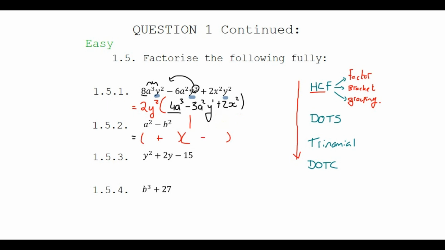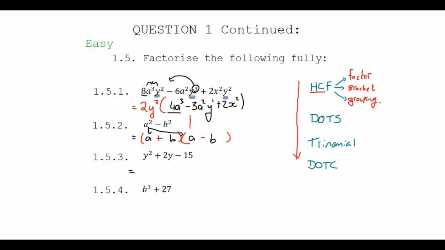It does not matter which order you put them in. It could be minus plus, as long as the one is a plus and the other is a minus. Now we write a, because you break this number up into its factors, and then b. Nice and easy.